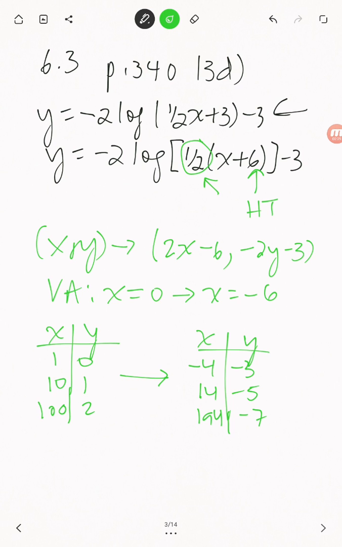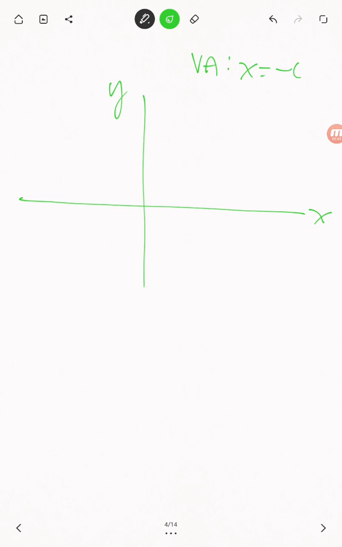I'm just going to go ahead onto the next page to do the sketch. Nice big grid here, x-axis, y-axis. So my points are (negative 4, negative 3), let me start with my vertical asymptote, which has moved to x equals negative 6.